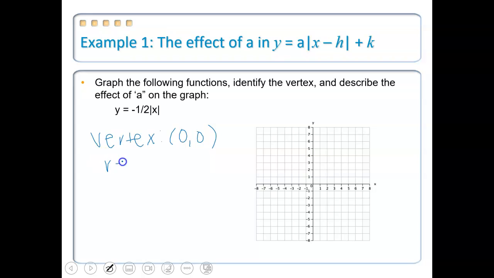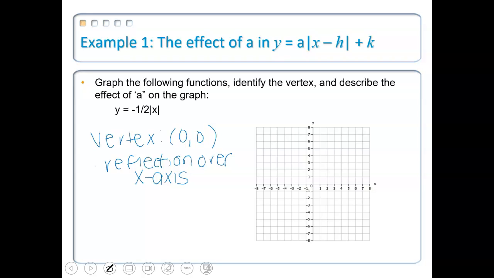The negative will be a reflection over X in this case. So this is a reflection over the x-axis because the A is a negative and outside.